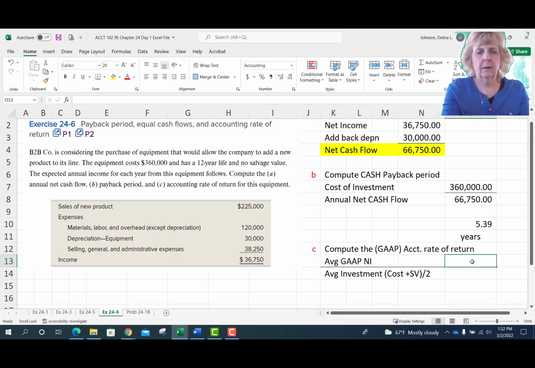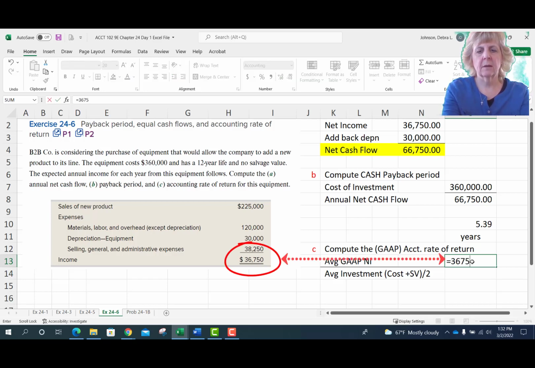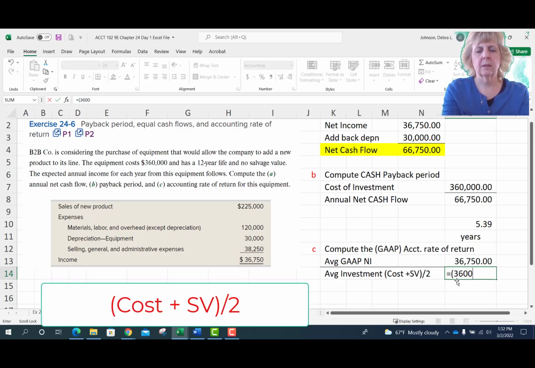The GAAP net income is $36,750. The average investment is the $360,000 plus the 0 salvage value divided by 2.